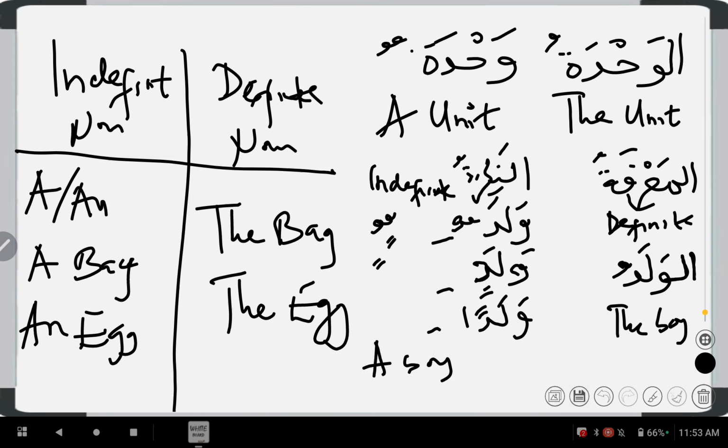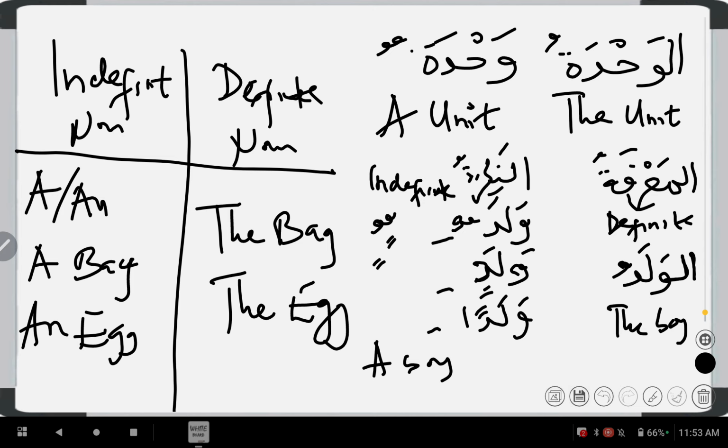But al-waladu, the boy. Note that when a noun is ma'rifa, a definite noun in Arabic, it begins with alif and lam, and it will never end with tanween. The dhamma, kasra or fatha will never be double; it will be one.